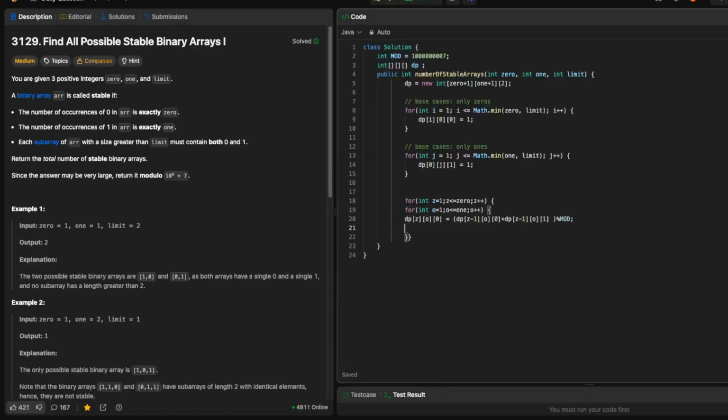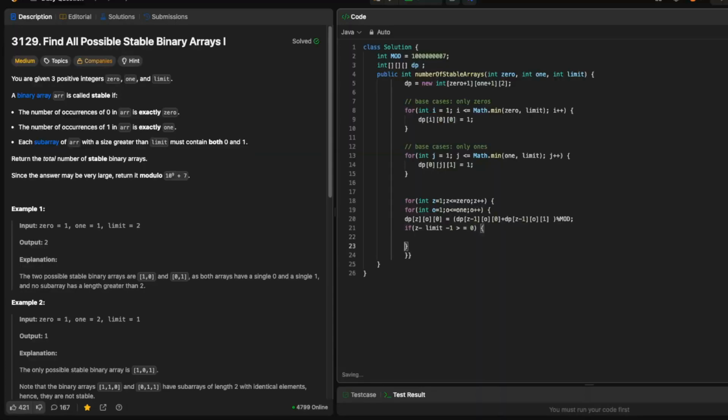If our total size is exceeding the limit, how can I check it? z minus limit minus 1 is greater than or equal to 0. What we have to do is subtract the portion which uses only zeros.